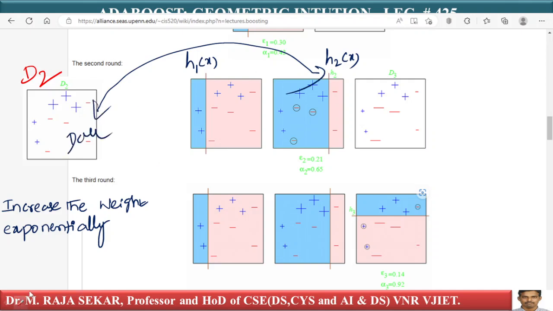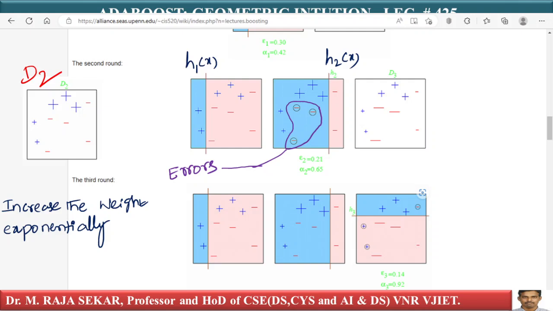That is important, isn't it? Now it has corrected all of my oversampling points. H2 is correctly classified, but it has created these errors. Which errors? Just see, these 3 errors.